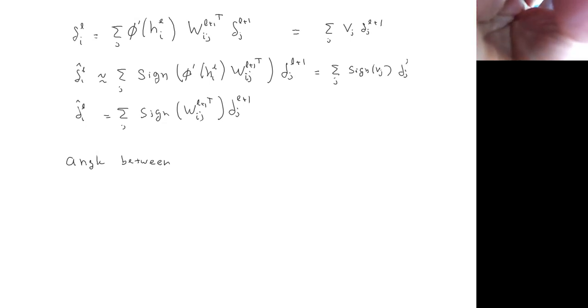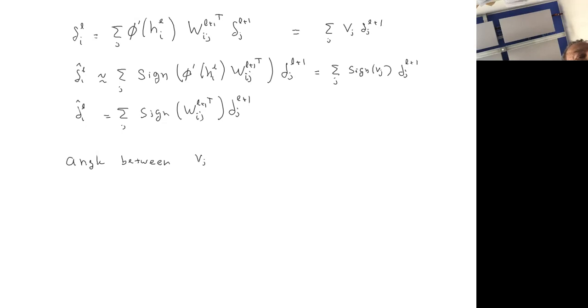And this equals the sum on J of sign Vj delta J L plus 1. The question we want to know is the angle between Vj and delta J L plus 1.